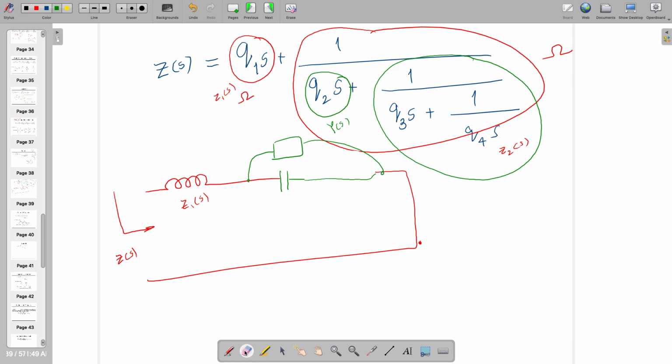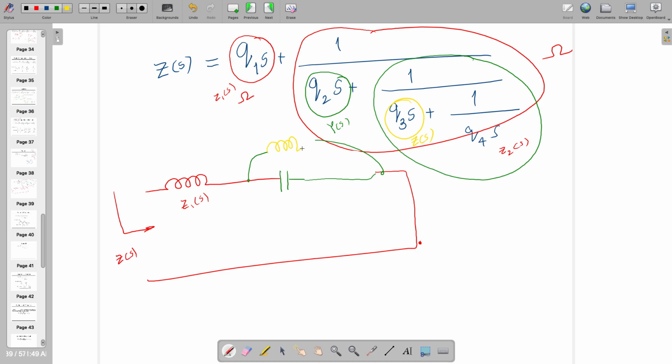When I am doing this, this entry becomes impedance, which is of an inductor, right?